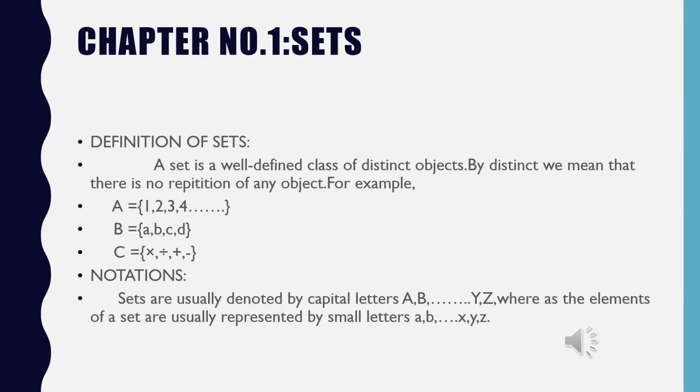The method of representing the set is different from the other 2 because instead of the numbers or the description, I will write it in the form of the formula. Suppose A is equal to x such that x is a natural number and x is less than or equal to 5. Here we will not write the numbers or the figures or any statement. So these are the three types of representing a set.